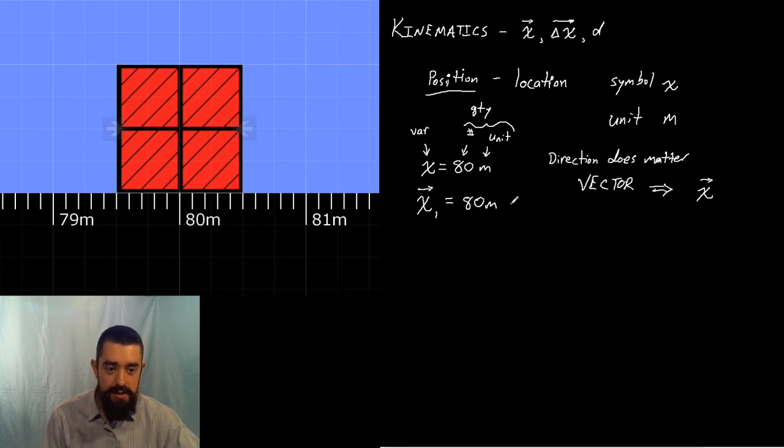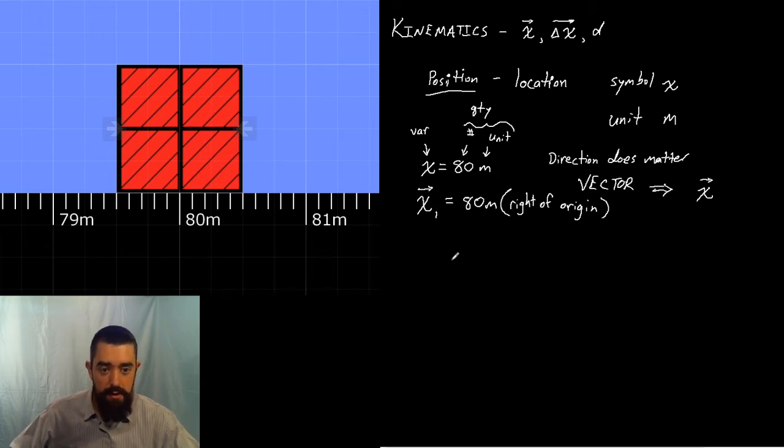So we're going to say to the right of the origin. So I'm going to put that in parentheses so I don't have to write it over and over again. All of these are going to be positive numbers for this example, because this box is never going to go to the left of the origin or it would fall off the ruler. Okay, so that is position.